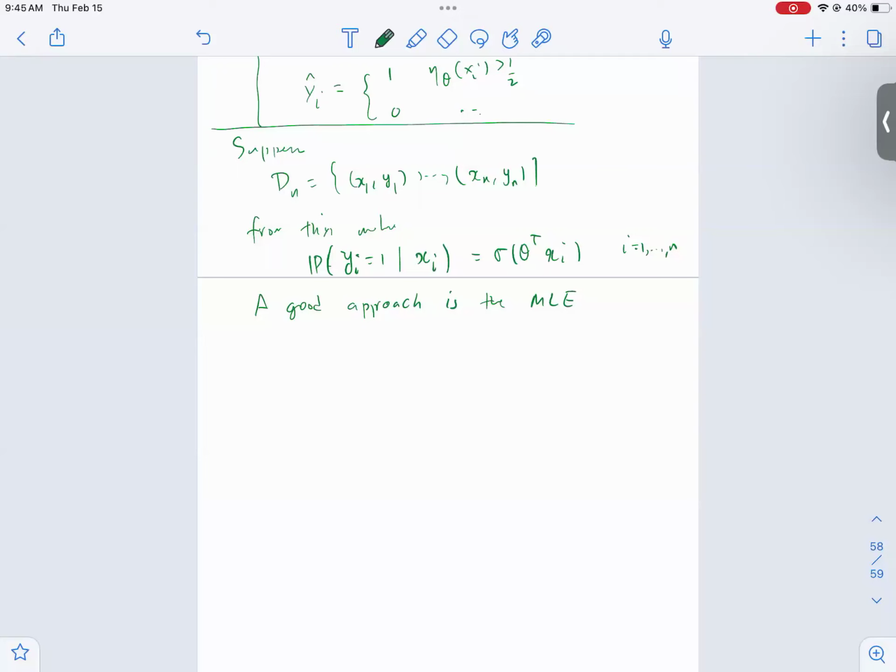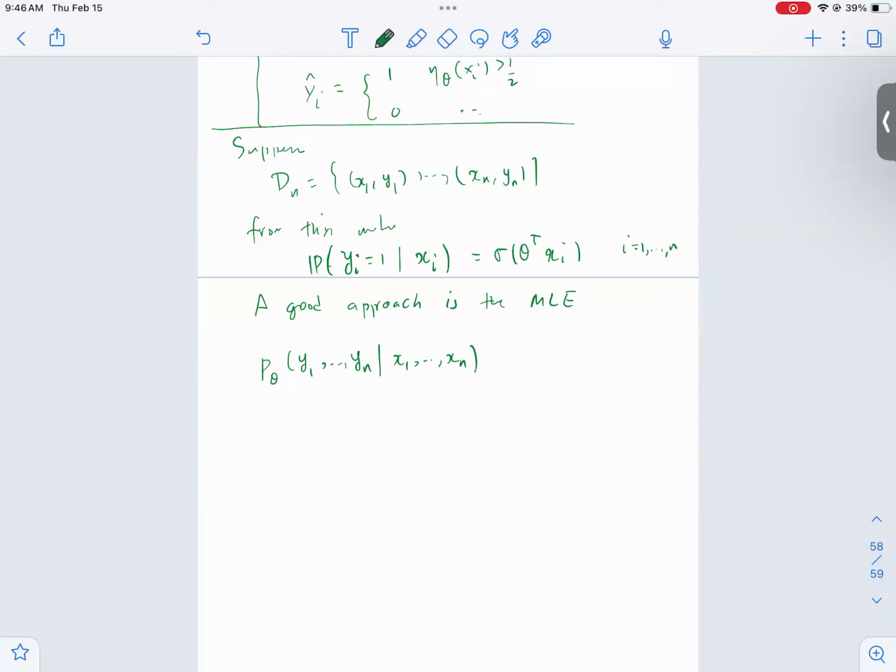In the end, I'm going to have a joint conditional probability mass function of the yi's given x1 up to xn. Everything is conditional on the x, similar to what we have been doing before, because we're not specifying the marginal distribution of x, we're just specifying the conditional distribution. So I'm going to have a valid conditional distribution of the vector y given all the x's.